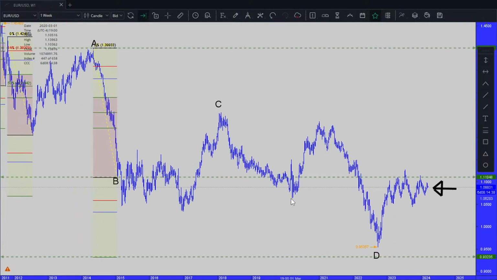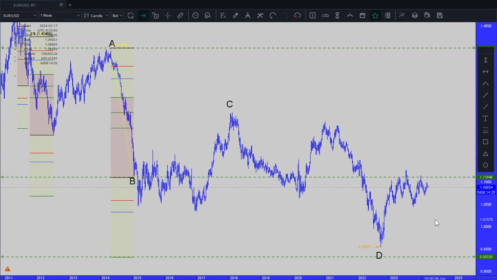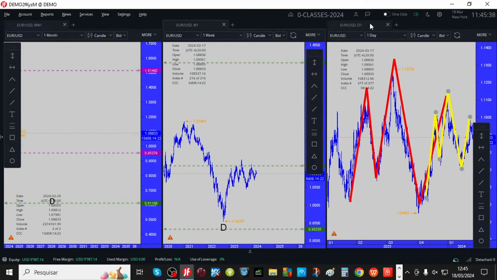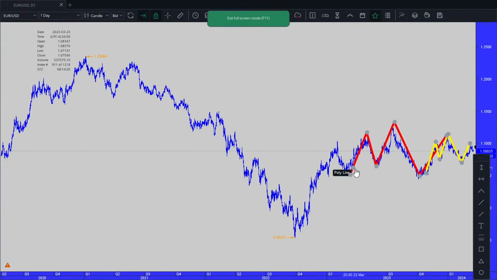All right, everybody, this is the ABCD, talking about the Fibonacci sequence on the Euro-Dollar weekly chart. There is no right or wrong. And the last one, daily chart.